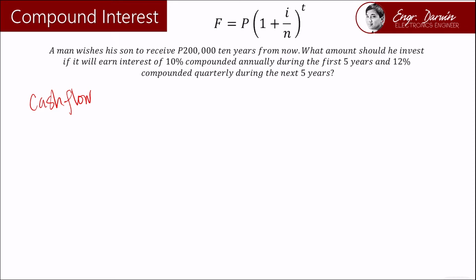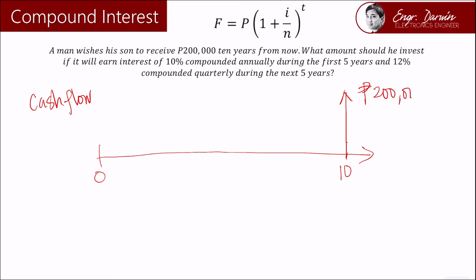For the cash flow, you can draw your timeline from year 0 until year 10. Since ang given natin is 10 years, the son will receive an amount of 200,000 pesos. And the problem is, or what we are looking for, is what amount should the father invest.